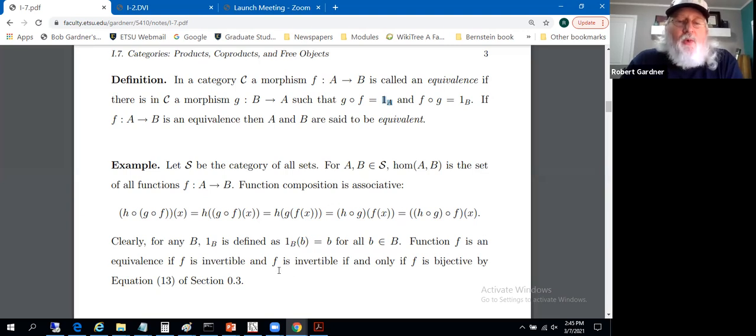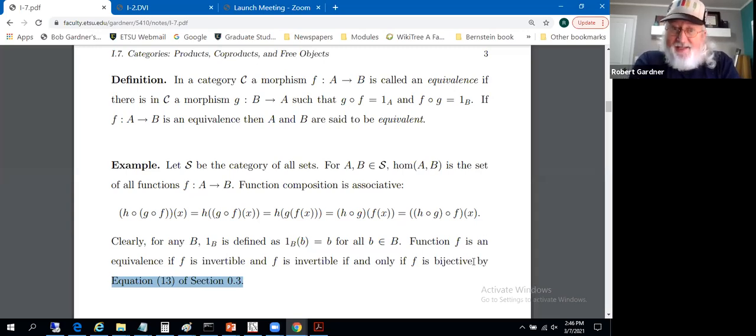So I guess it's section 0.3 from some of the background material in chapter 0, when speaking of functions. If I can get G composed with F as functions on sets to equal the identity on set A, and F composed with G to equal the identity on set B, then this function F, as well as a function G, is invertible, and so it must be a bijection.